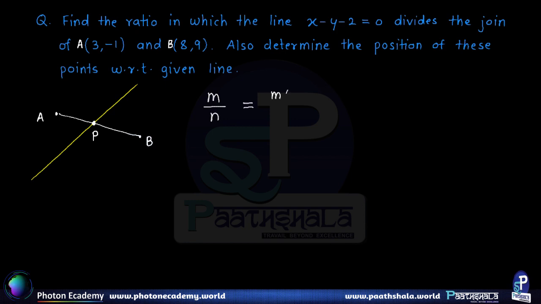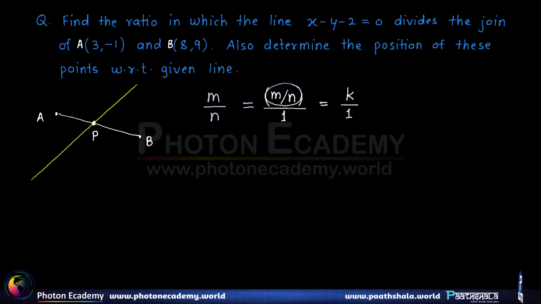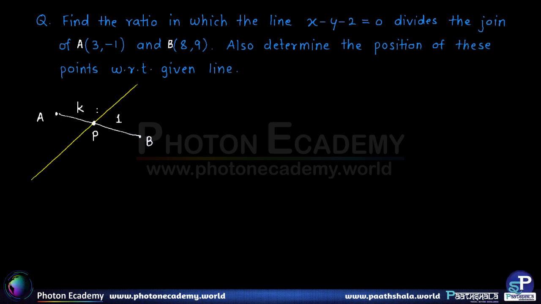I can write m:n as m upon n as a single quantity divided by 1. So this entire quantity m upon n itself, I assume as k, and the denominator is still 1. So it is sufficient to assume the ratio of division as k:1 rather than m:n. With that we start off with this question.